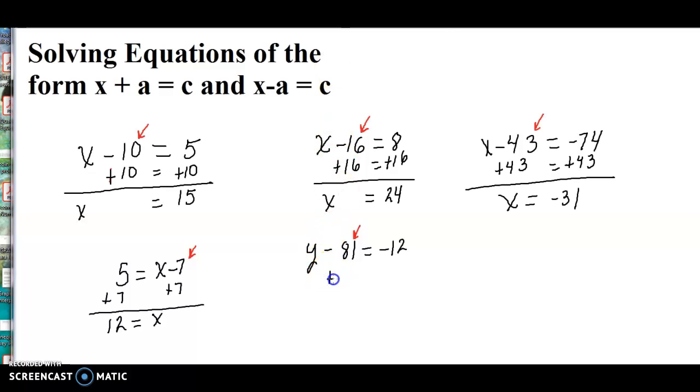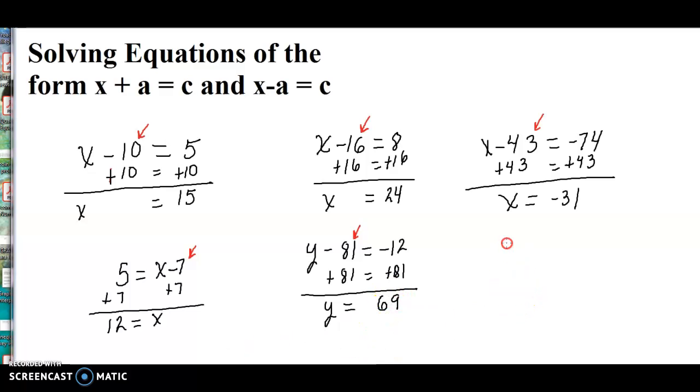I'm going to add 81 to both sides of the equation. And y, and then a negative 12 plus 81 is 69. So y is equal to 69.